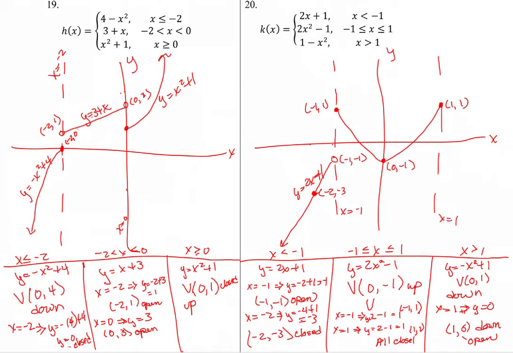So at 1, 0, I'm an open circle, and I go down. And this is y equals 1 minus x squared, and I did not write that. This was y equals 2x squared minus 1. So there is your graph.